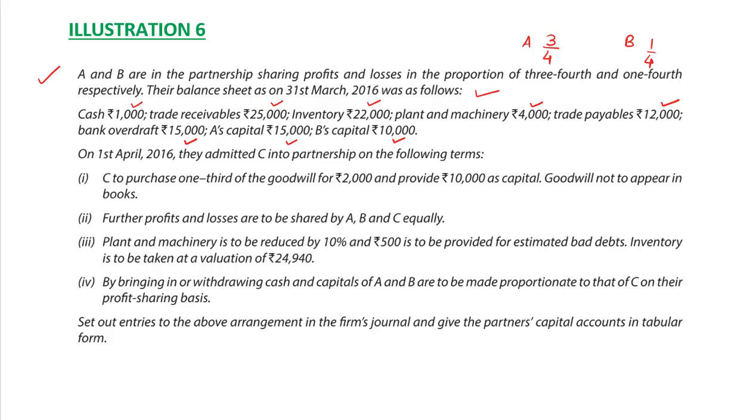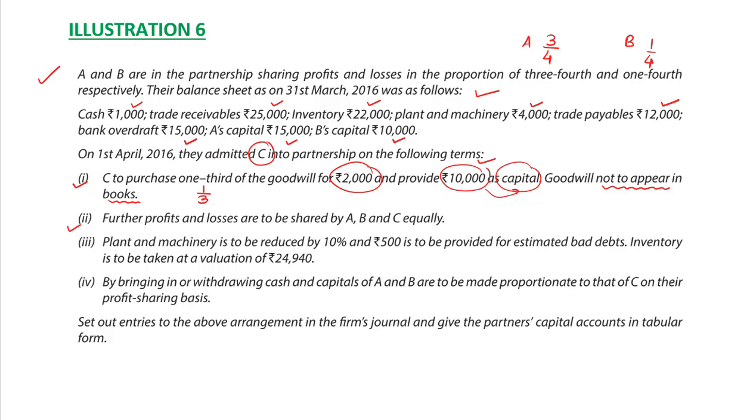On 1st April 2016, they admitted C into the partnership firm on the following terms. First, C is to purchase 1/3 of the goodwill for rupees 2,000 and provide 10,000 as capital. Goodwill does not appear in the books of accounts.